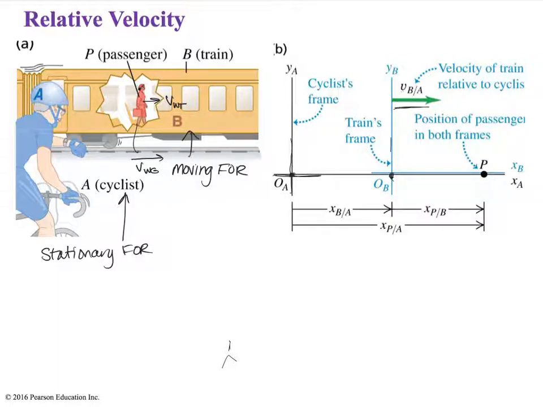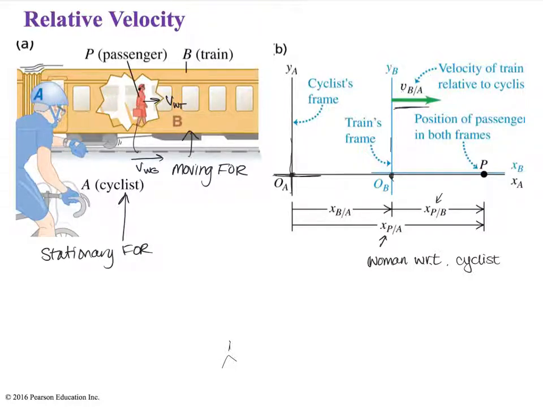Now here, these are all position vectors. This is the position of the woman with respect to, that's what that stands for, the cyclist.